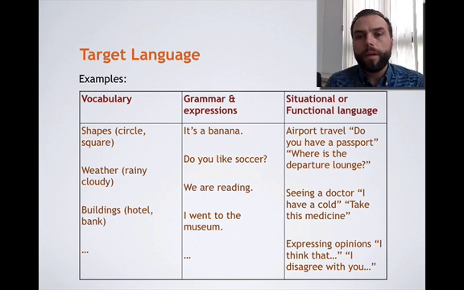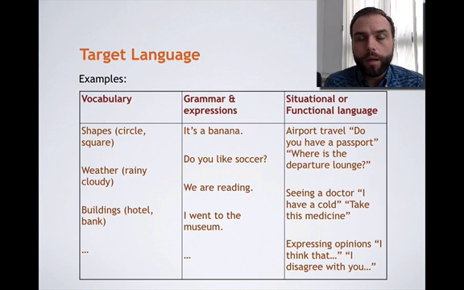Okay, the final column here is situational or functional language. So this is when learners are starting to develop a little bit more, perhaps lower intermediate level, going up to advanced. Okay. So situational language is language that is related to a specific situation.